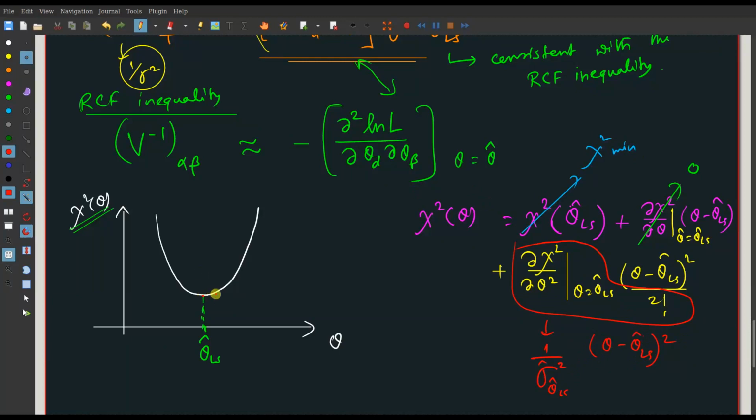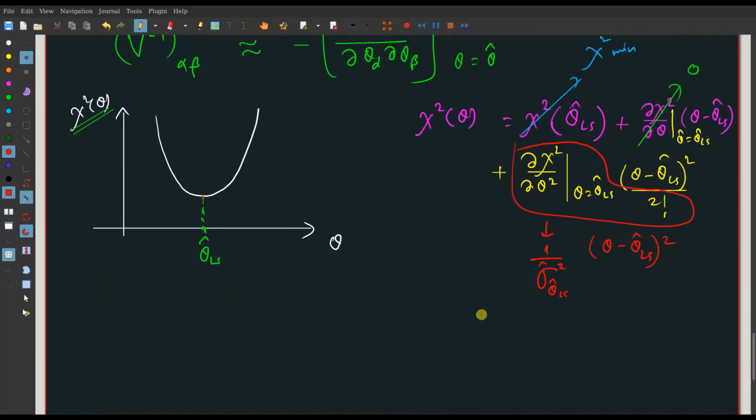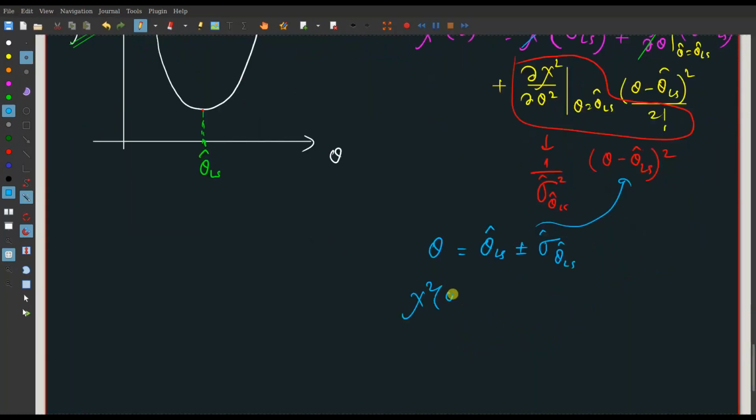Now again, I notice that if I go to a special point, if I move from theta LS by one standard deviation, sigma theta LS, that is, theta minus theta LS is sigma LS square, and you substitute it here, then what you obtain is that chi-square theta at this point is basically chi-square mean plus 1.